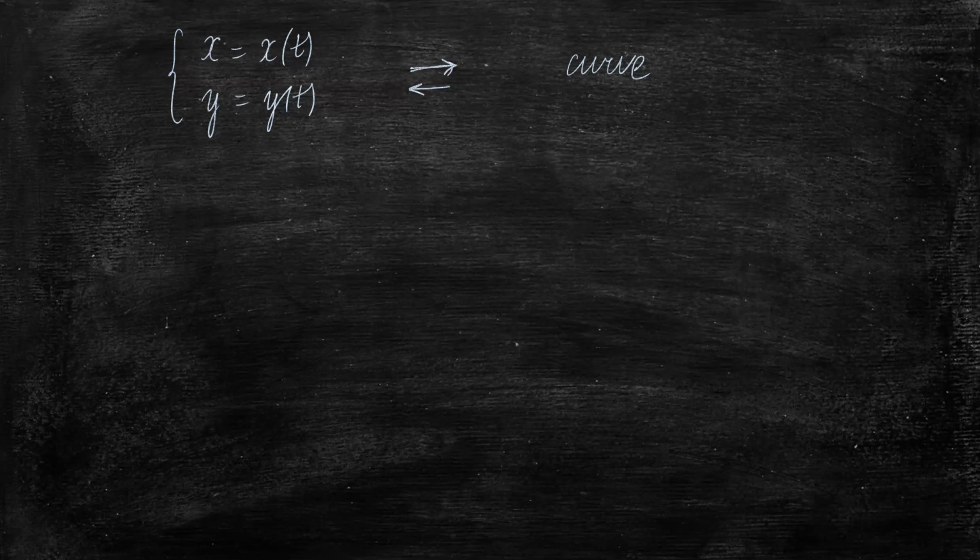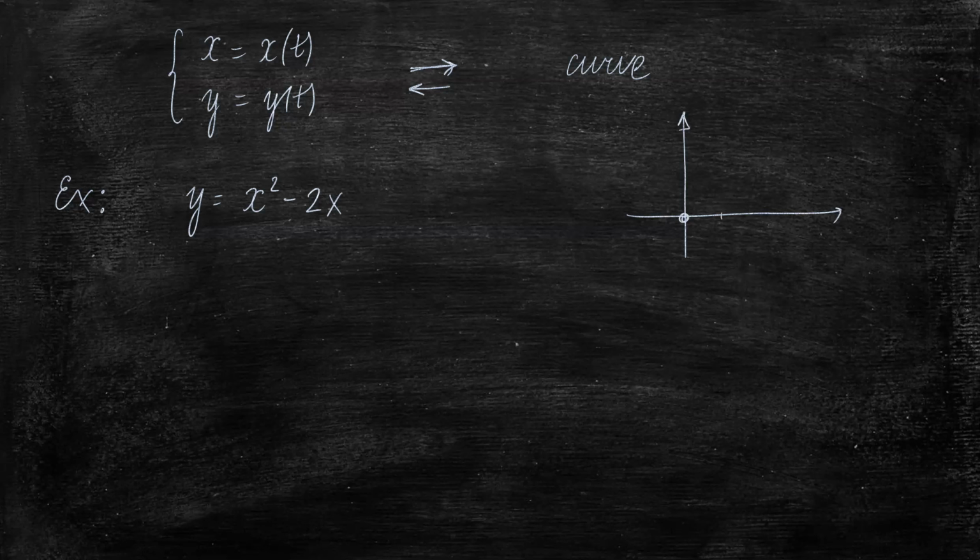So can we take a curve and produce the set of equations? It really depends. It depends on what we know about the curve. Sometimes we don't know enough, and then let's consider this example. Let's say we have a curve which is a part of this parabola. So it looks like this.